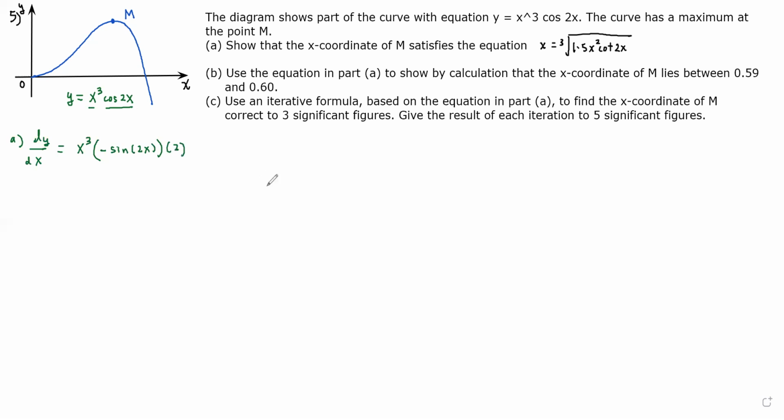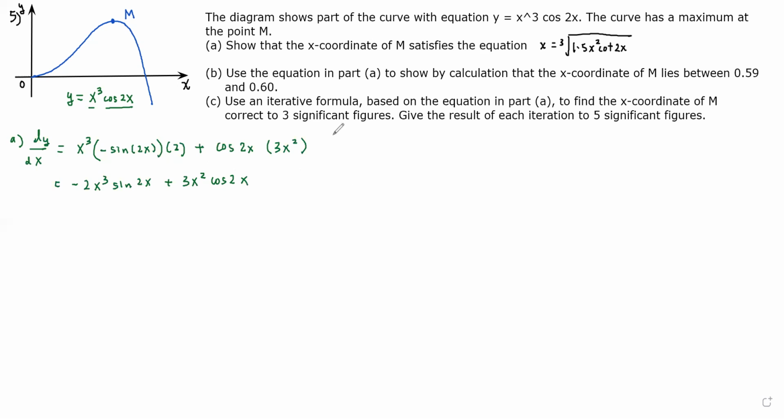That gives a value of 2. And now we hold cos 2x and then differentiate x cubed. That is 3x squared. From here, we have negative 2x cubed sine 2x plus 3x squared cos 2x as the derivative.